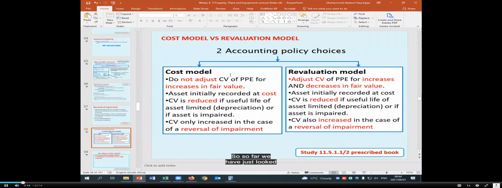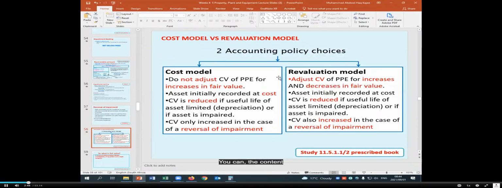So far we have just looked at depreciation and impairments, where we didn't go above the historical carrying amount. That's what we were discussing so far. And then we went on and we said that when you are doing IAS 16 or you're recording your property, plant, and equipment, there is another choice that you can make.